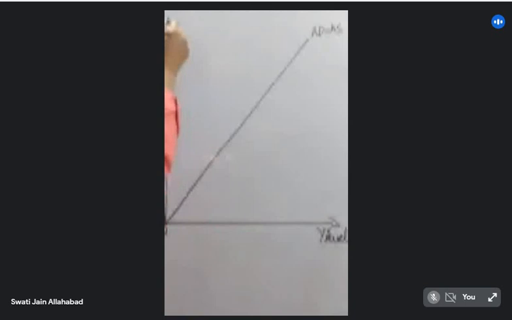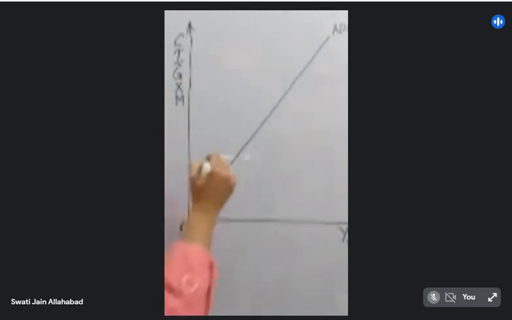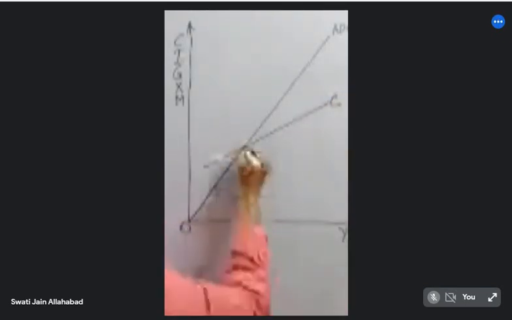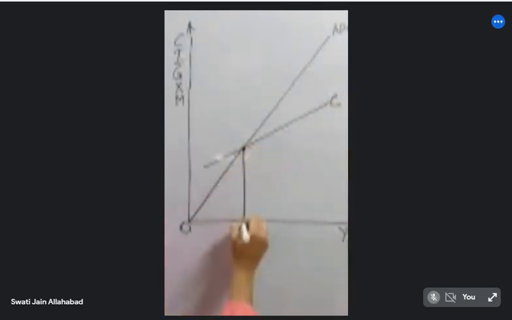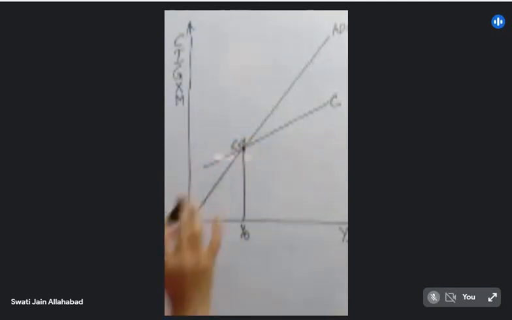On the y-axis, we are taking all the components of aggregate demand, that is C plus I plus G plus X minus M. So now you remember that this was the first line, this was C, this is the point where at Y0 you have C equal to Y, that means savings is 0.